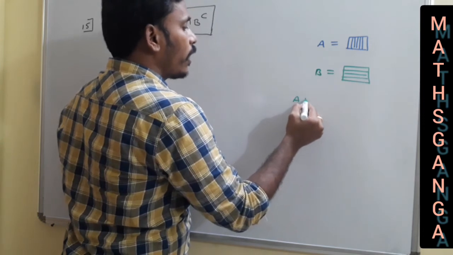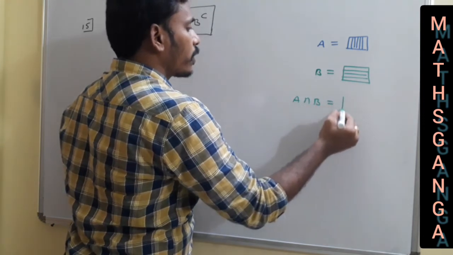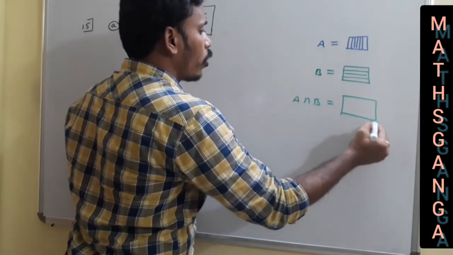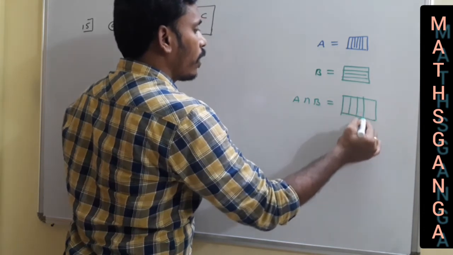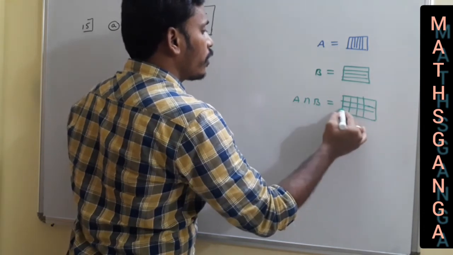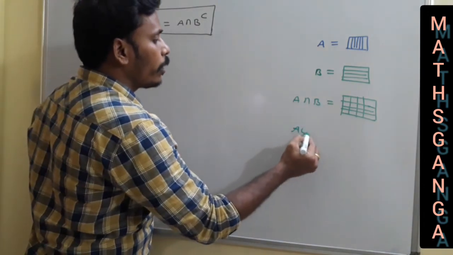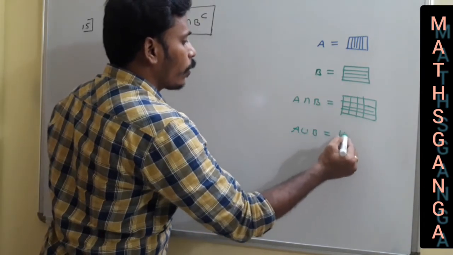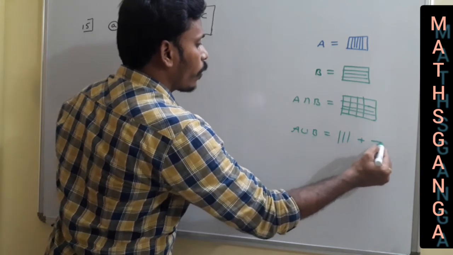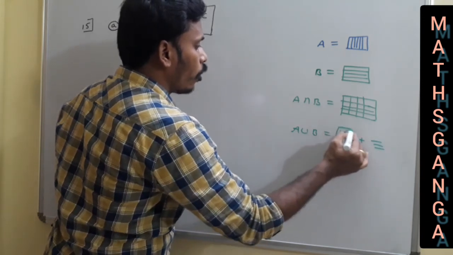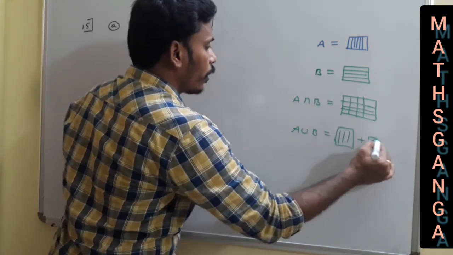Then A intersection B is represented by the checkered lines, because both have to be involved. A union B is the region where either the horizontal lines or the vertical lines are involved.